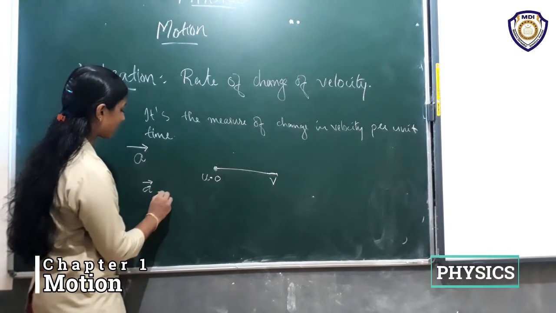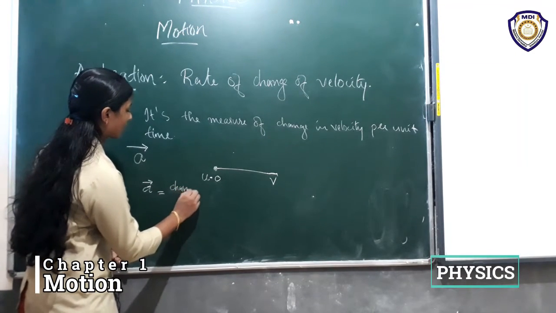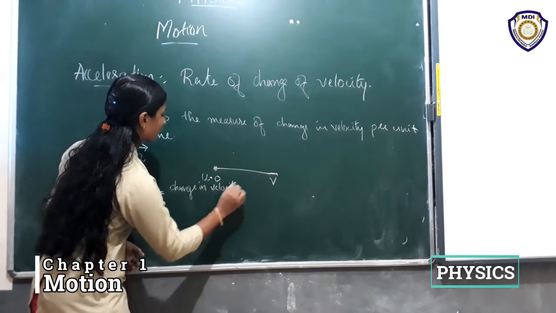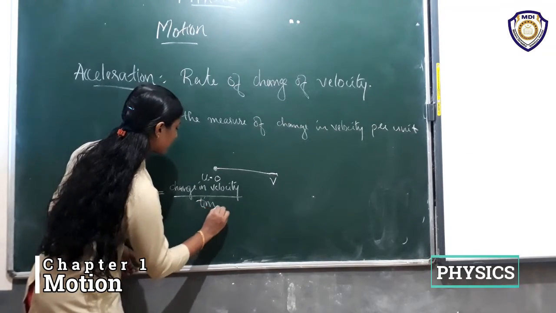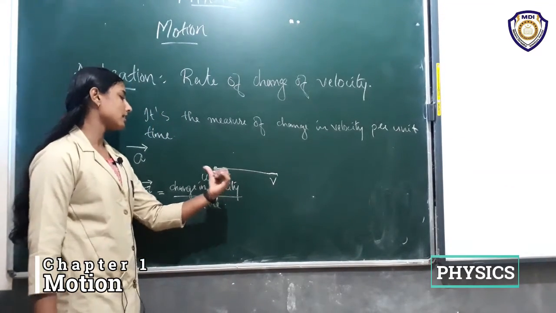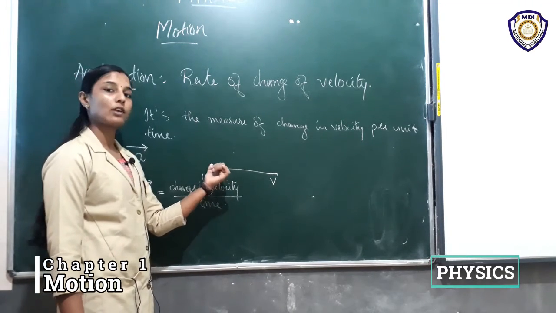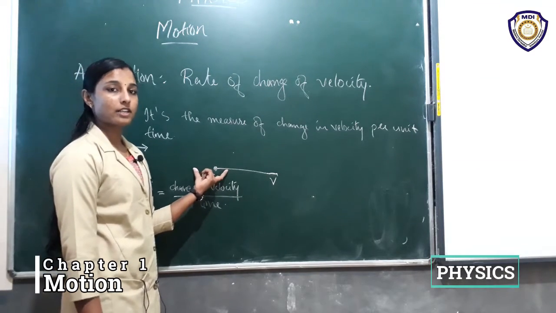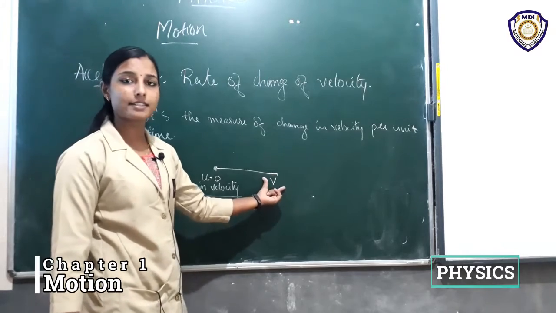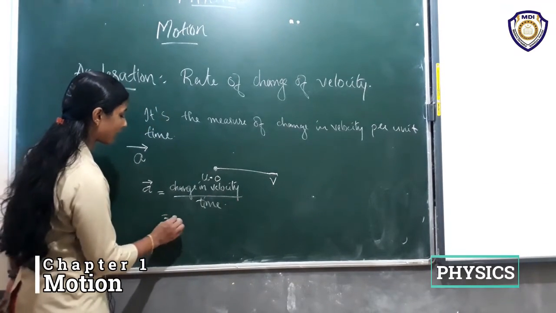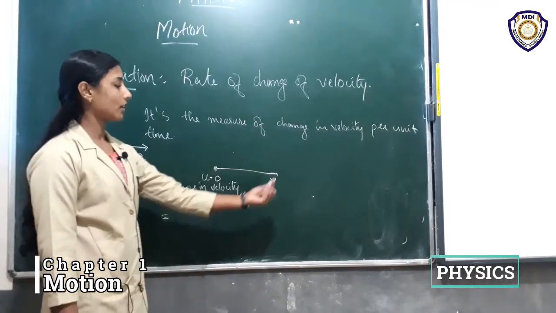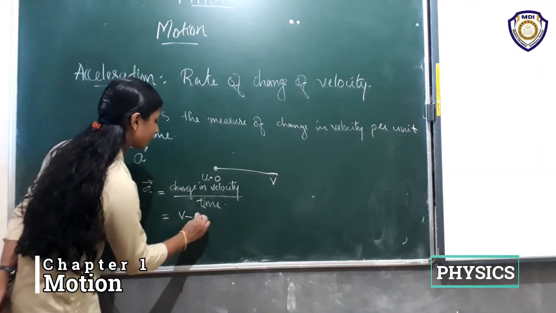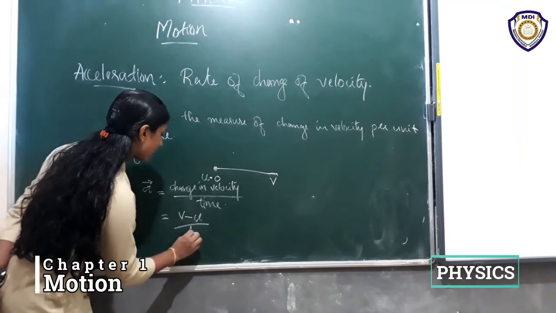So acceleration we can write as change in velocity by time. Change in velocity means the object changes its velocity from u to v. That means it has 0 velocity at the initial stage and some velocity in the final stage, right? So how can we write the change in velocity? The velocity at final state minus the velocity at initial state, divided by t.